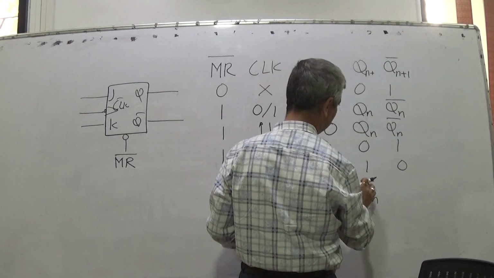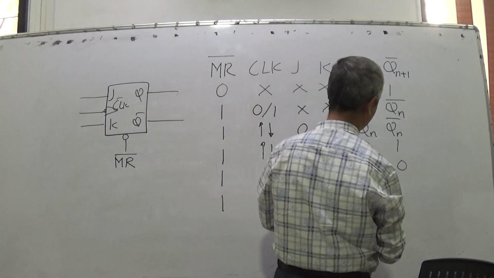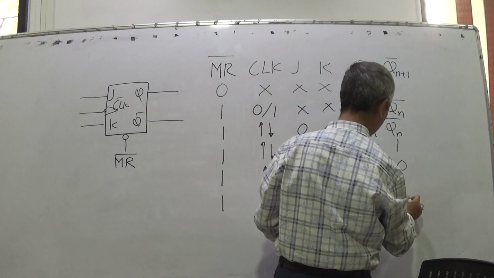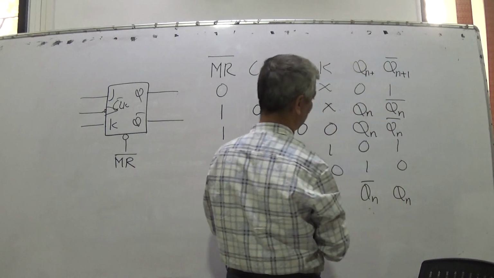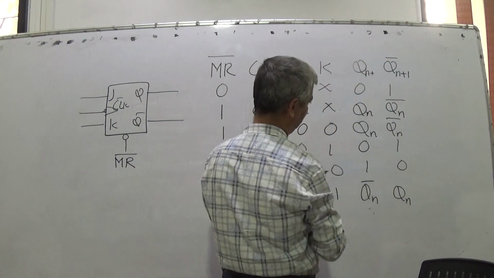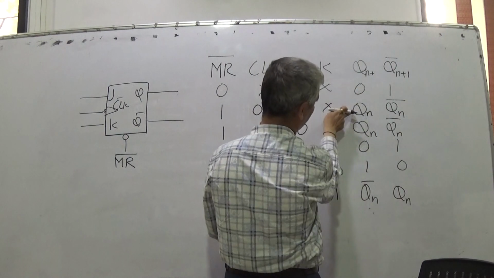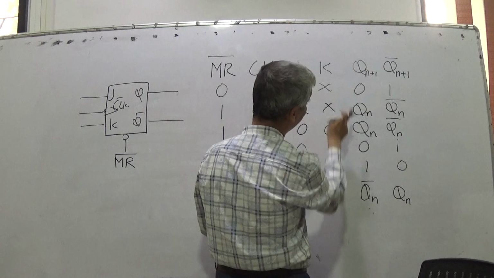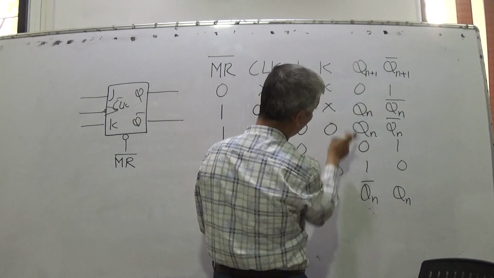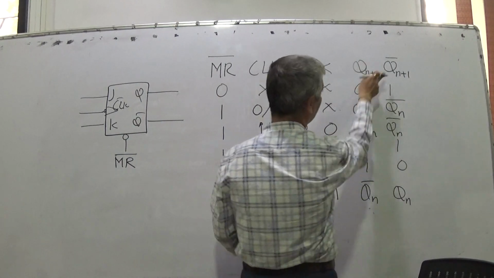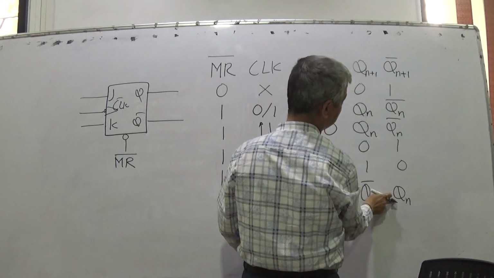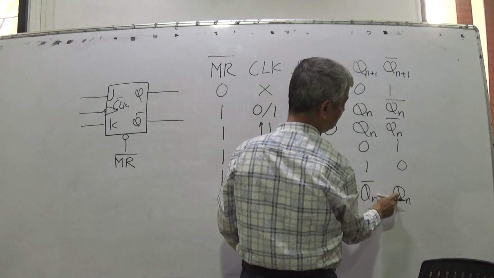This is Qn bar, and it is Qn. So this is this one Qn. Remember, it is very clear. Qn plus 1 is Qn bar, and Qn plus 1 bar, that is complement, is its last state.